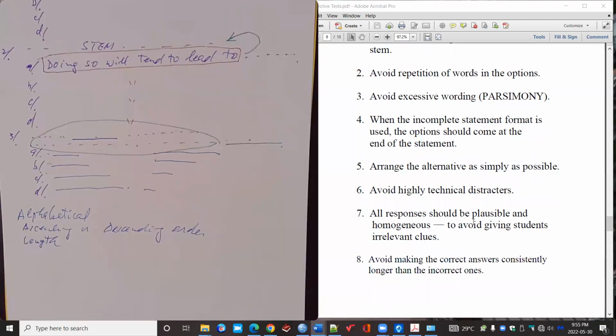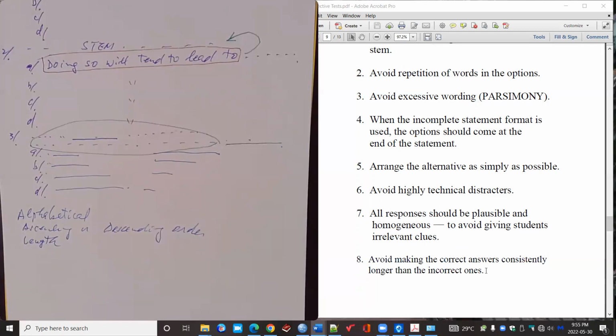Now, all responses should be plausible and homogeneous, to avoid giving students test-wise cues. Avoid making the correct answer consistently longer than the incorrect ones. Remember test-wiseness, okay? Length.